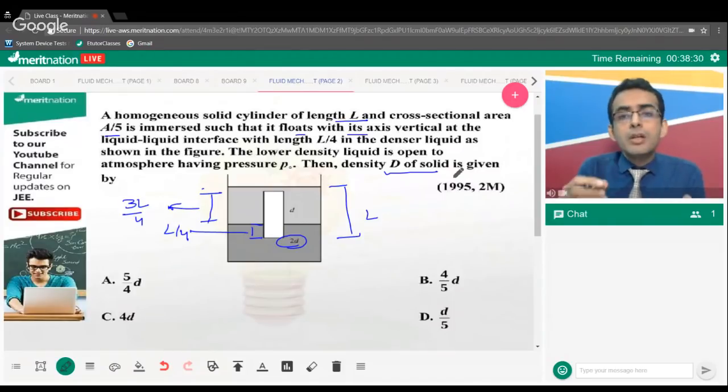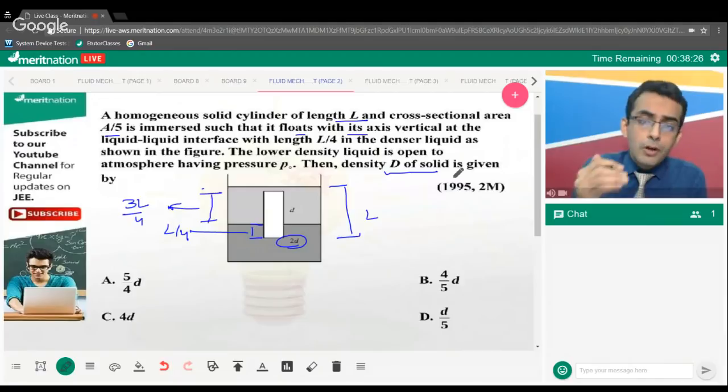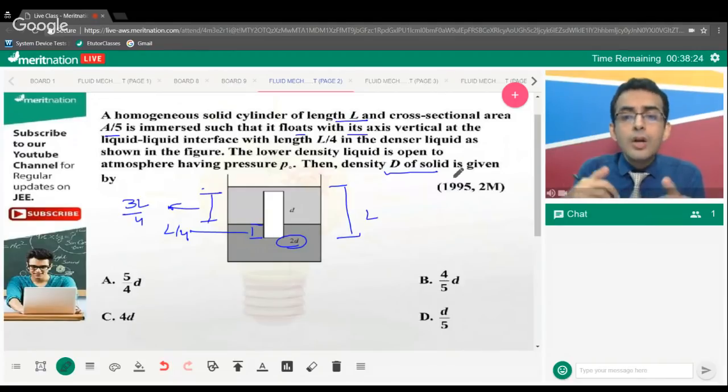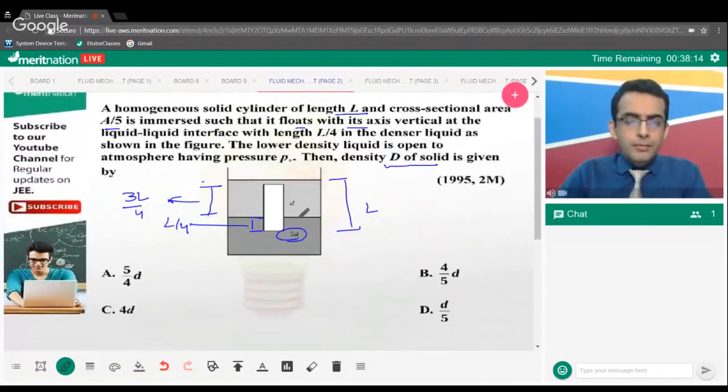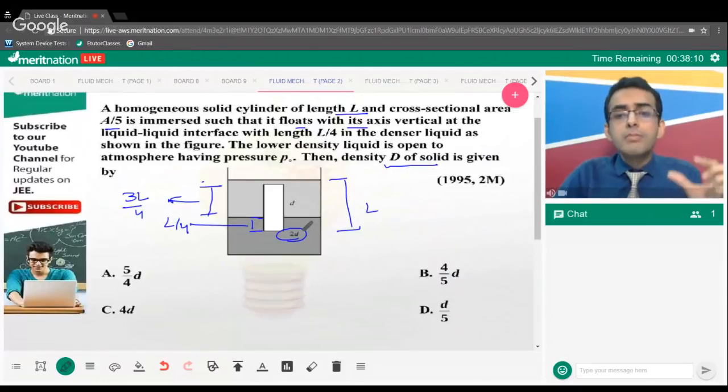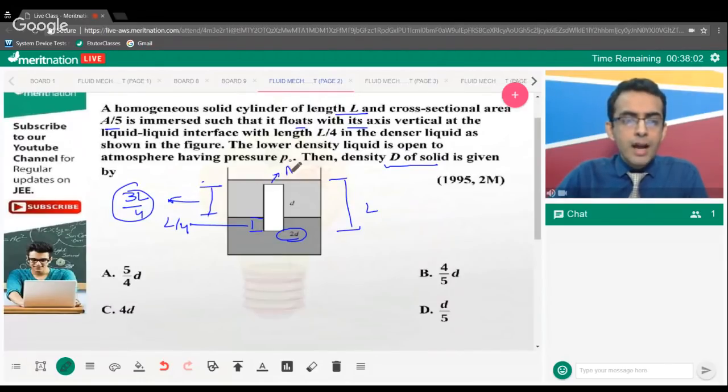That means the net upward force, or upthrust, of the liquid is balancing the weight of the cylinder. Consider the upper part: how much volume is immersed? The length is 3L by 4 and the area of cross section is A by 5.